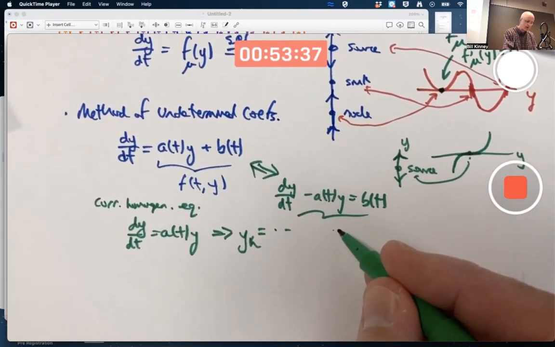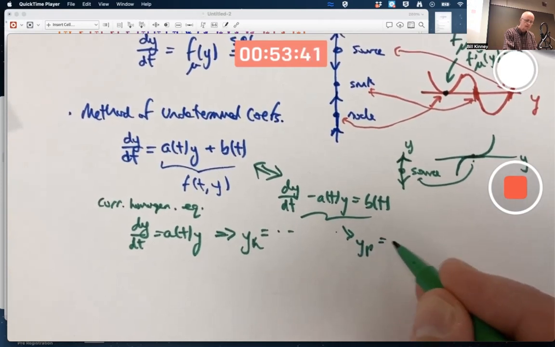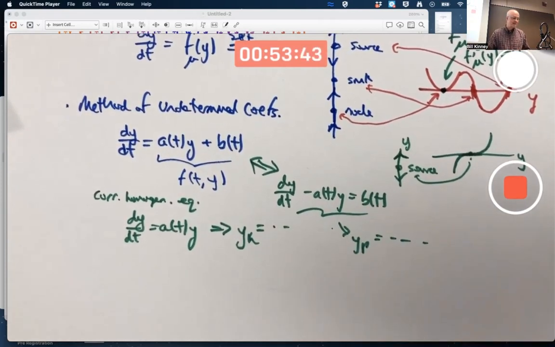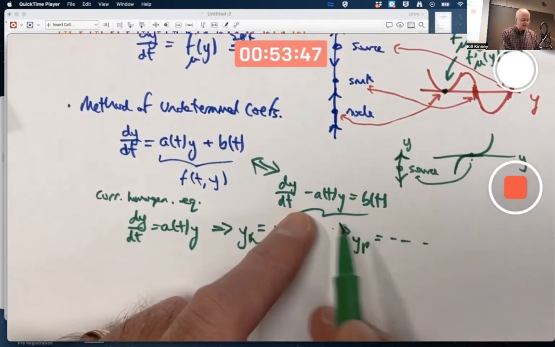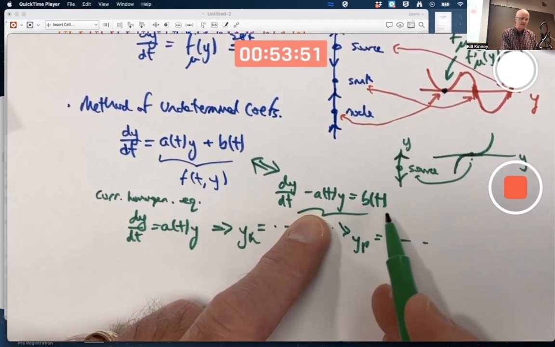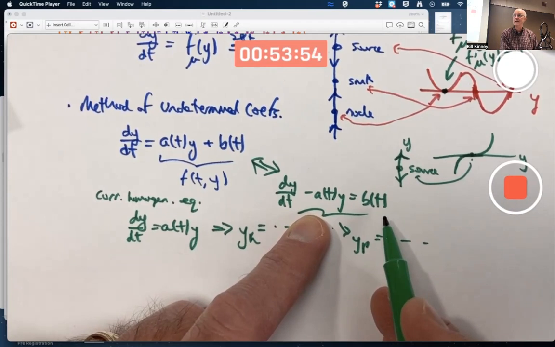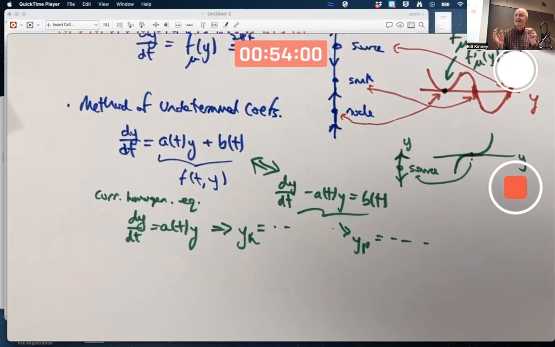When you write it in this form, it leads to your y p based on the form of the b of t function. Simplest case is a of t is a constant. And then you're guessing based on b of t, like if b of t is a trig function, you'd guess something involving a trig function. Maybe two things, a cosine and a sine, and you'd have two undetermined coefficients.